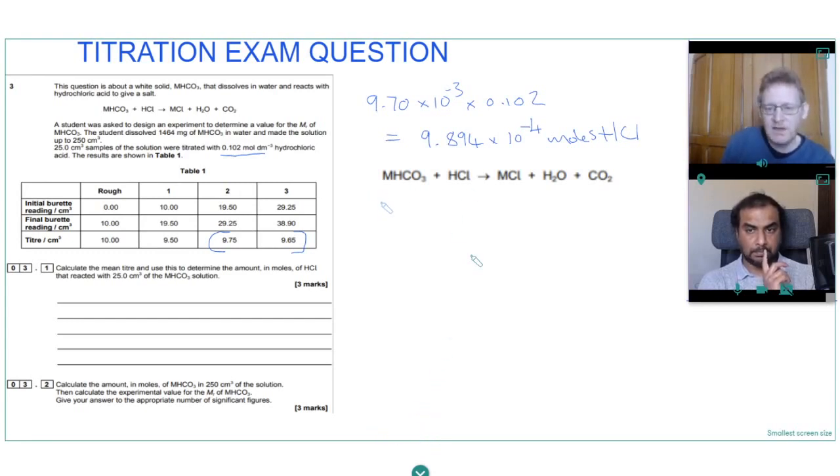And so we must have the same amount of moles of the hydrogen carbonate.